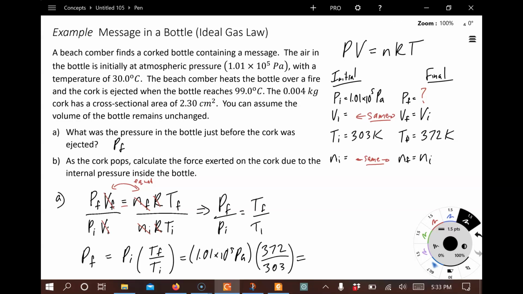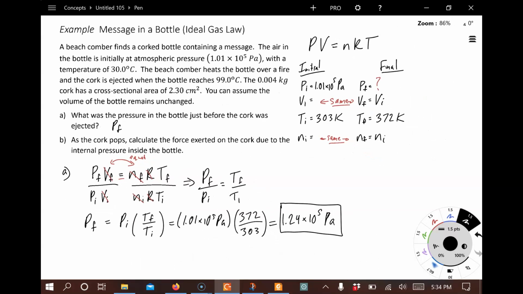And when we plug that in, we get a number, 1.24 times 10 to the 5th pascals. So by heating the bottle at constant volume, constant number of moles, we've increased the pressure there. The atoms are more active at higher temperature. They push harder everywhere. The pressure is greater.